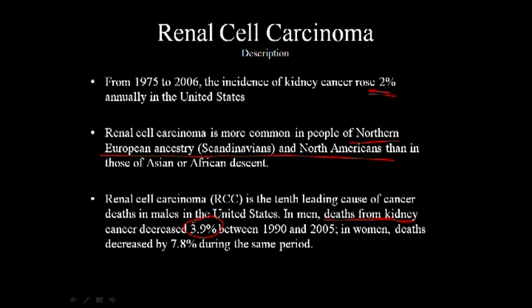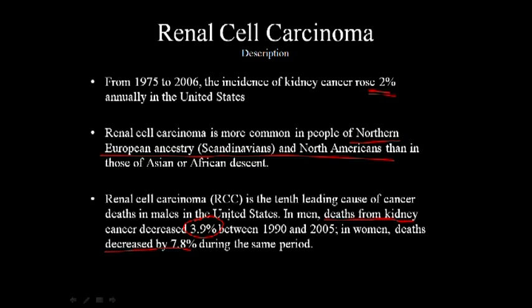That lets you see that we've made progress in terms of our treatment. In women, deaths decreased by 7.8% during the same period. So it's kind of an abnormality there.